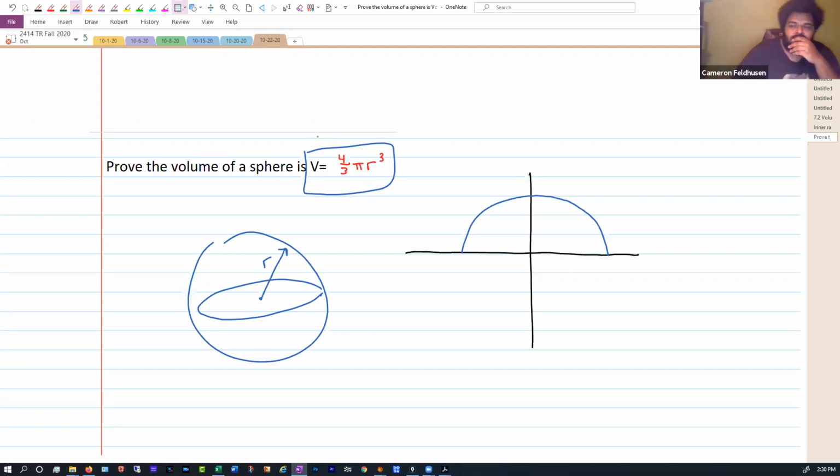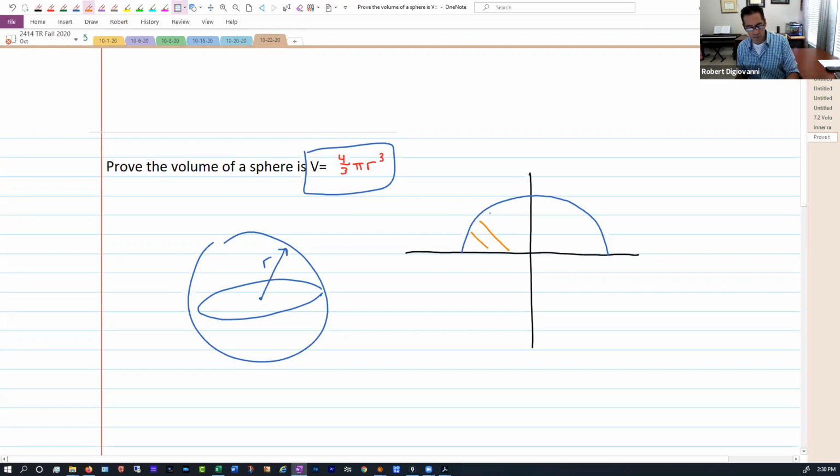So you first have to figure out how to create a sphere by wrapping something around the x-axis. That's what room 1 did. They said, why don't we take half a circle and wrap it around the x-axis. If we do that, then we will have a sphere, won't we?